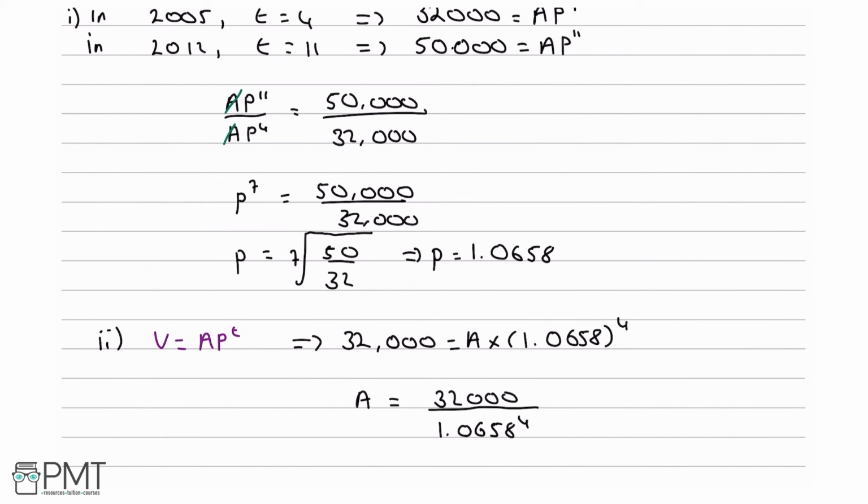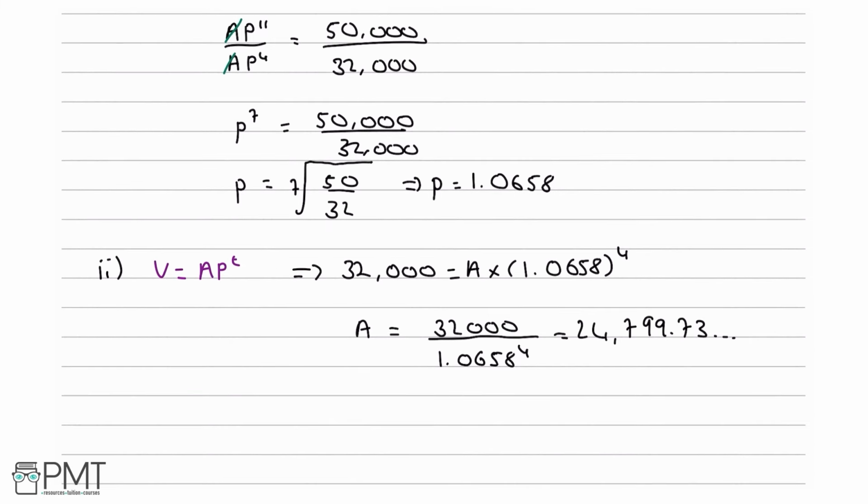If I put this into my calculator, 32,000 over 1.0658 to the power 4, we will get 24,799.73, etc. Now this answer is extremely close to 24,800: if we were to round it to 3 significant figures, it would be 24,800.